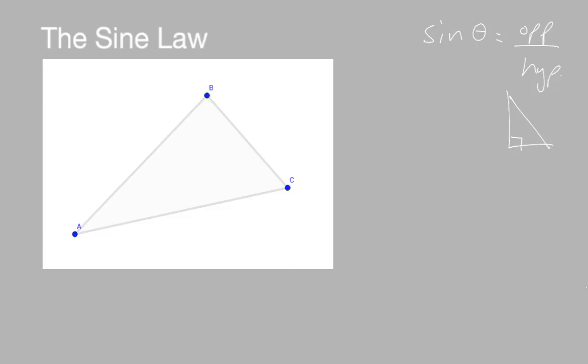But the triangle that I have here is not necessarily a 90 degree or right angle triangle. It looks like it might have a 90 degree angle in it, but we're not too sure.